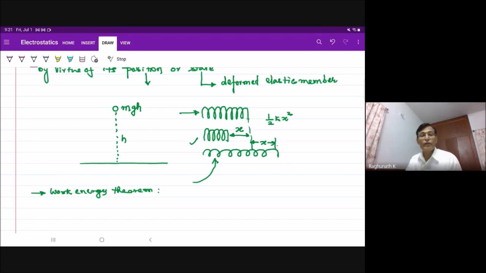Normally, when we say somebody has applied force on it and did some work on it, when a spring of constant K is deformed so that its length changes by X, in the deformed state, it stores potential energy.